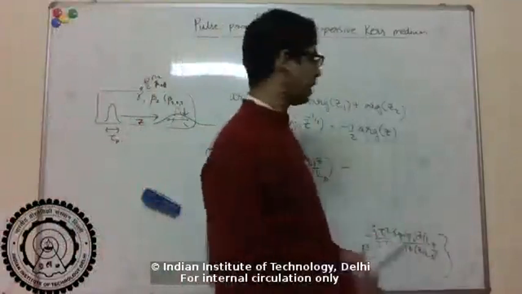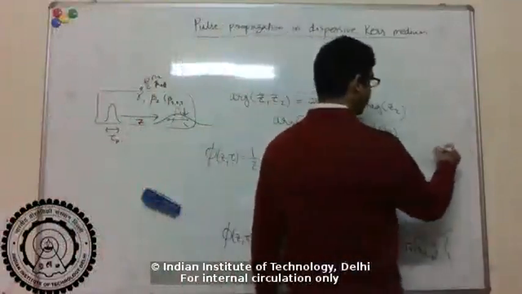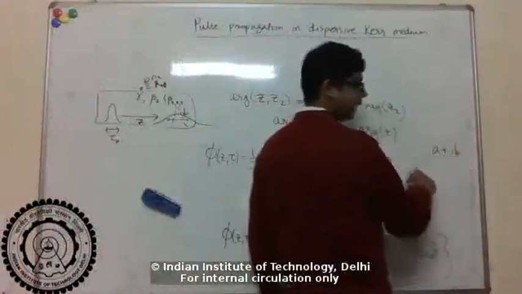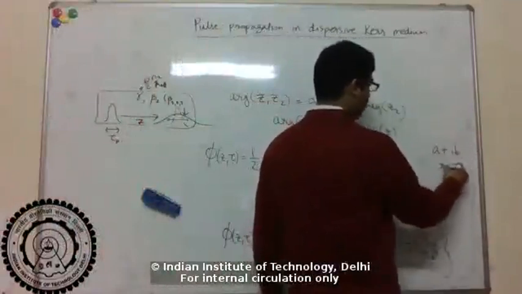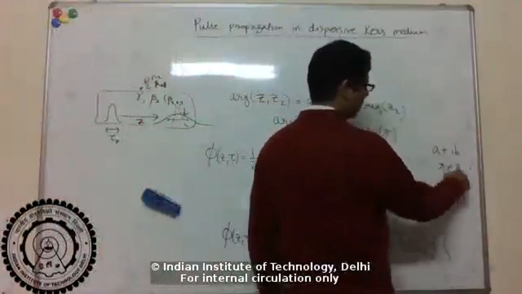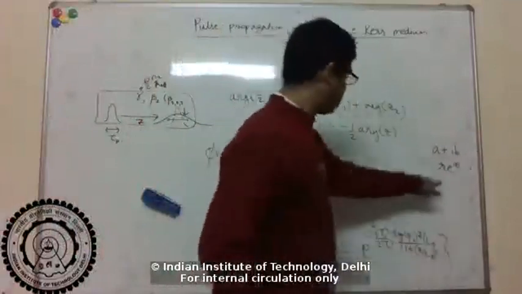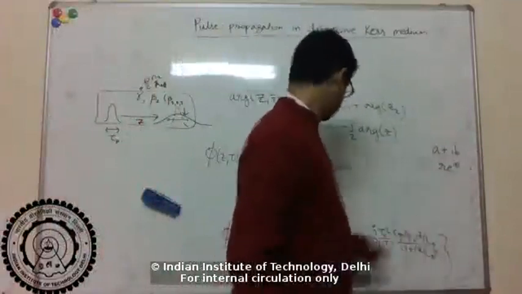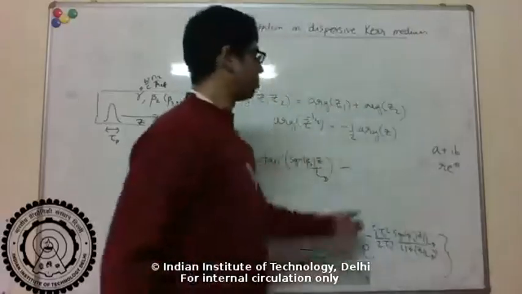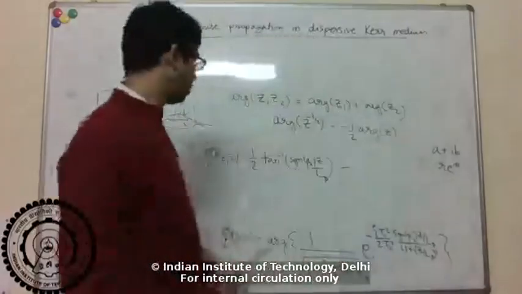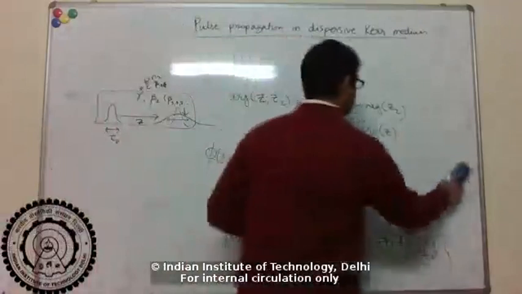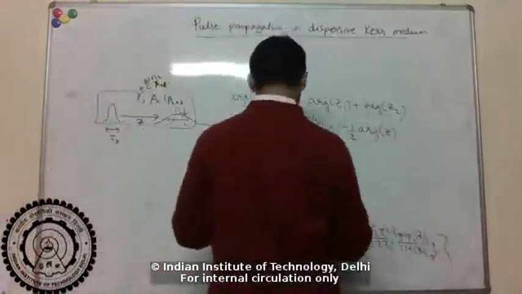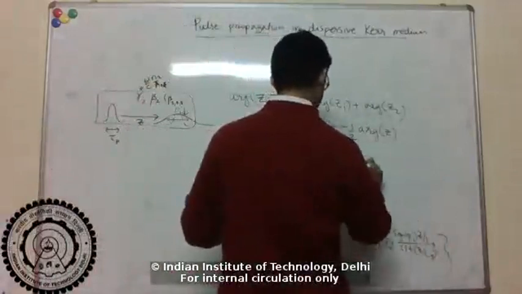So I can write a complex number two ways: either as a plus ib, in which case the angle is tan inverse b by a, or as some R e to the i theta, in which case the angle is just theta. This second term is of this form, so that's the angle. The first term is of the other form, so the angle is tan inverse b by a. Okay. So we just take the exponent here.